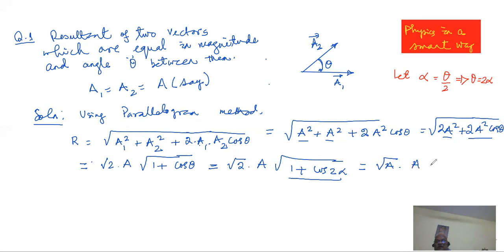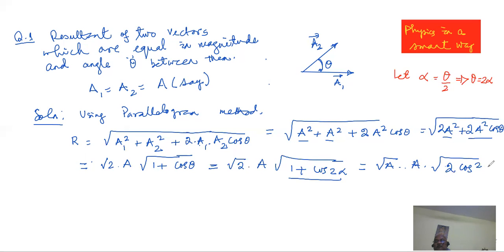I don't know whether they are there or not. In my time, it was there. So with 1 plus cos 2 alpha, things are very convenient. If you remember, 1 plus cos 2 alpha is 2 cos square alpha, and 1 minus cos 2 alpha is 2 sin square alpha. They are convenient.